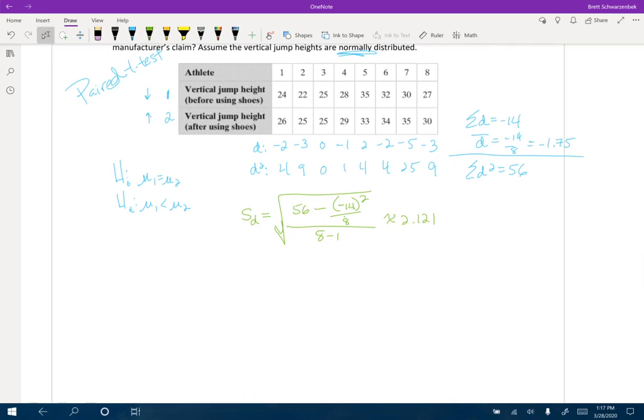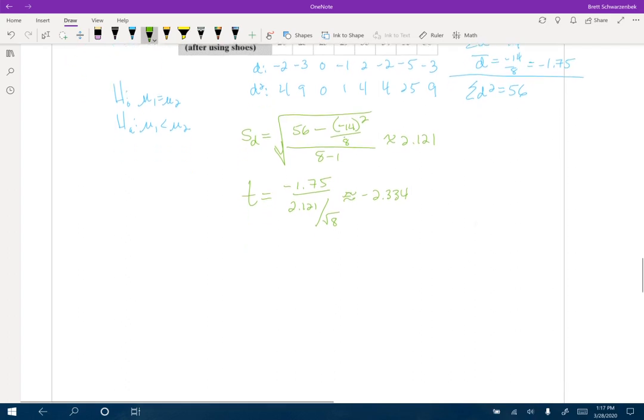We can find t, so t is going to be equal to d bar, which is -1.75, over our standard deviation of the difference divided by the square root of our sample size, 8, which is going to give us -2.334 approximately. So we have everything we need.